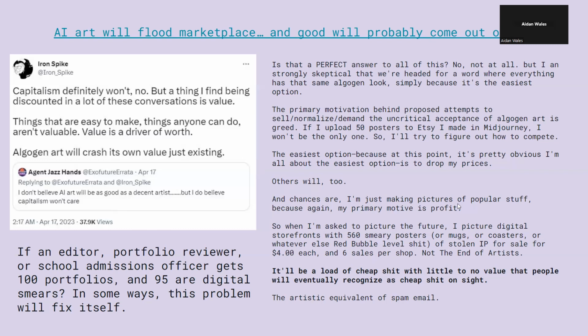So yeah, that's an optimistic view of people recognizing, oh, this is actually good stuff that an artist made by hand as opposed to AI created stuff. Not saying that AI created stuff can't be good, but that humans will value value, basically.